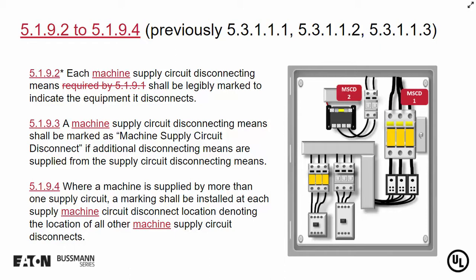For example, you could have a separate disconnect for the control circuit, and you might want to have that disconnect left closed with the disconnect for the power circuit open, again, as I said, to do some testing or measuring or maintenance. And so it's very important then to recognize what equipment is still energized with that second disconnect in the closed position. It just makes sense to know when you have multiple disconnects what equipment they are feeding.